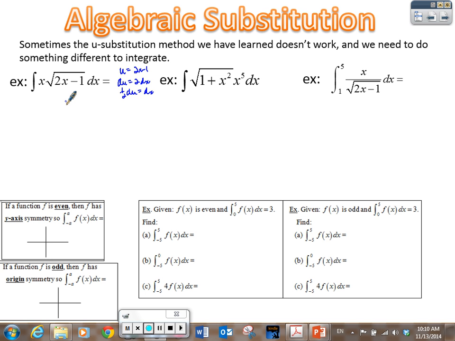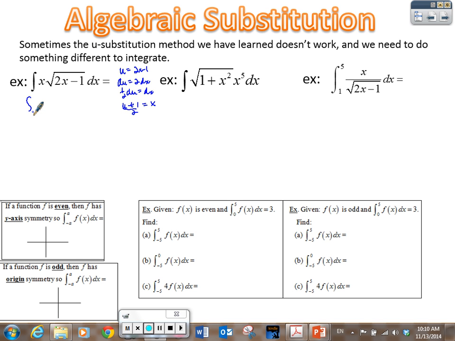What we do is we go back to the original u substitution that we created and we solve for x. So I would move the 1 over, so it would be u plus 1 and divide by 2. So x is going to be 1/2 times u plus 1. And so what we'll do is we're going to go ahead and sub everything in. And if it's possible to simplify once we've done that, then this technique will work. So let's see.